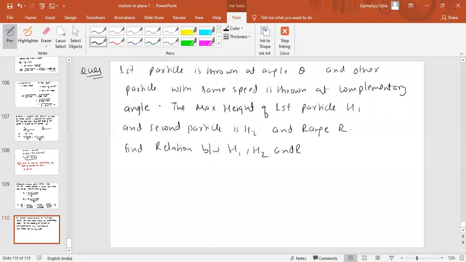Whenever this type of problem comes, you try to draw the figure first of all. For the first particle, speed is u, angle is theta. It will follow a projectile path, and the maximum height is h1.